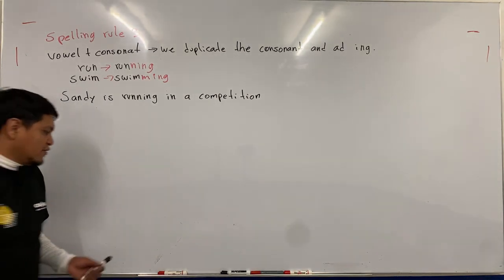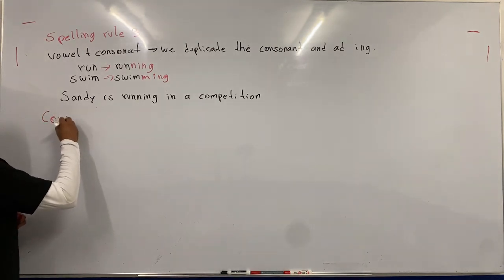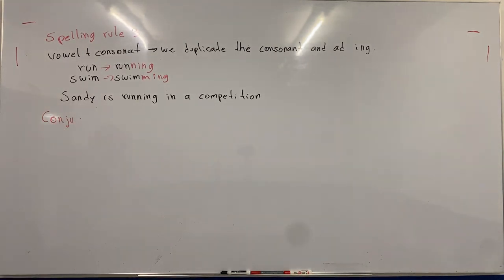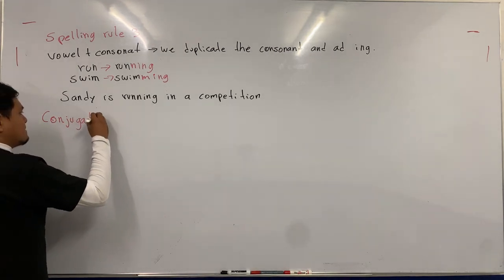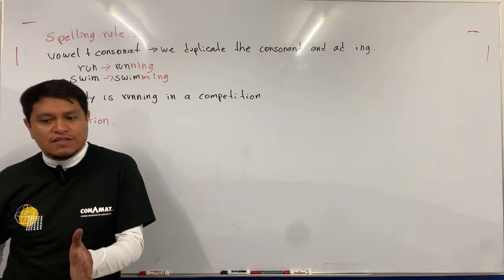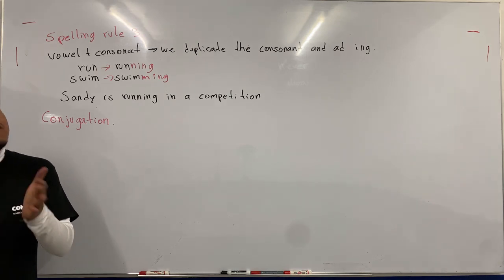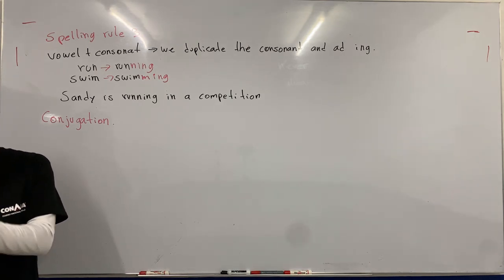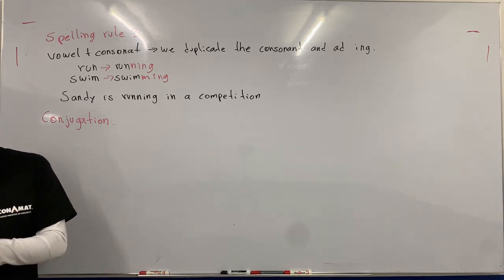Now, the conjugated. Check this. Read and check the following examples. Look at the correct conjugation of the verb to be and the combination with the verb ing.